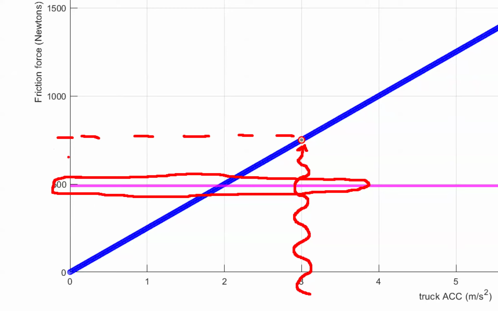So we conclude that for this particular scenario, static coefficient of friction of 0.1, the truck bed accelerating at 3 meters per second squared, that our assumption of no slip on the spool was wrong. The spool is slipping.